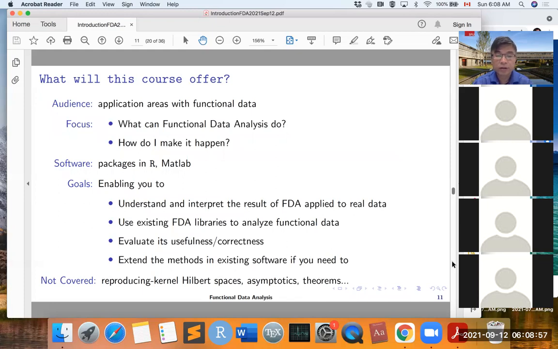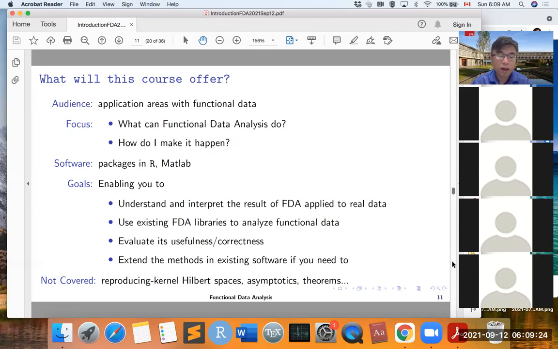Here is what this short course will offer. I will talk about some applications and basic methodologies for functional data. After this short course, I want you to know what functional data can do and how we can do it.